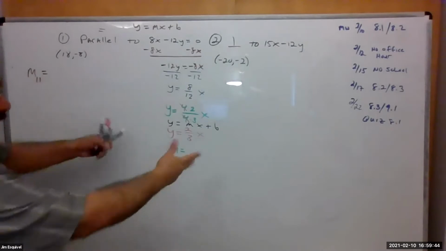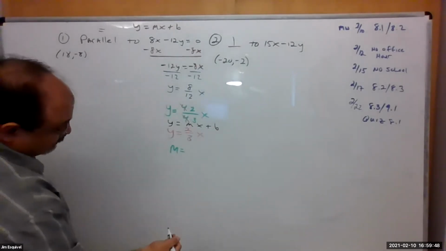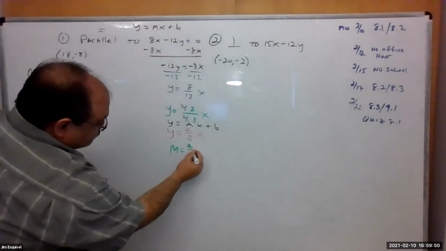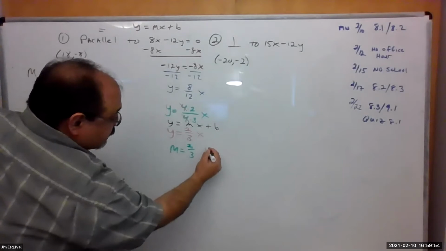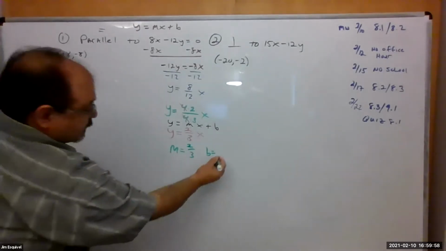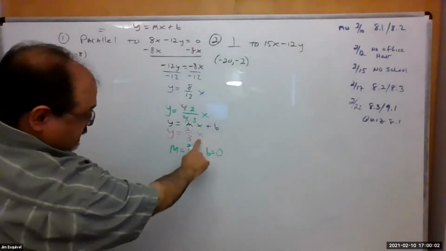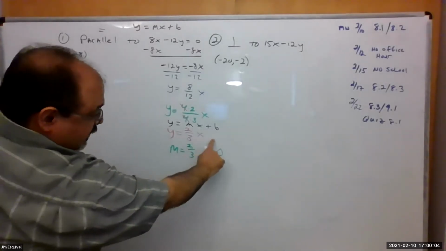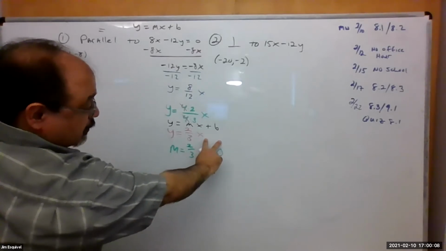What's the slope of the line? 2 over 3. There you go, 2 over 3. And just for fun, what's the y-intercept over here on this one? 0. Good. 0. Because the plus b, that's after the x, the b comes after the x. There's nothing there. There's no number.